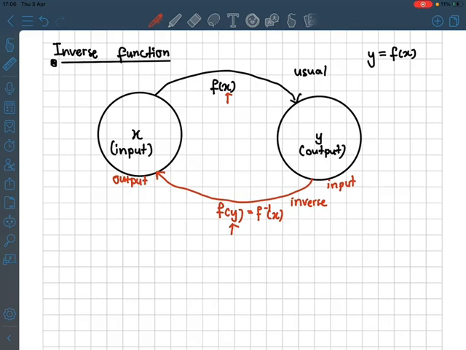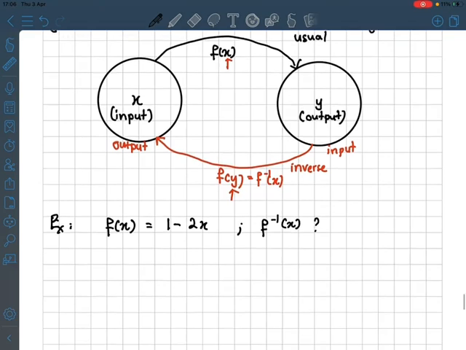Alright, so let me give an example. For example, if I have f of x equals 1 minus 2x, how can we calculate the inverse?